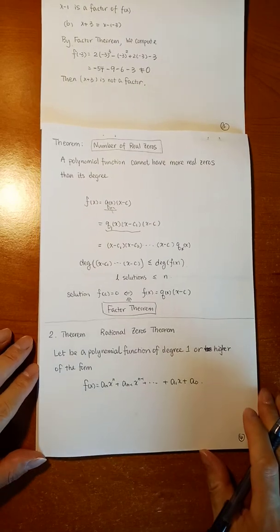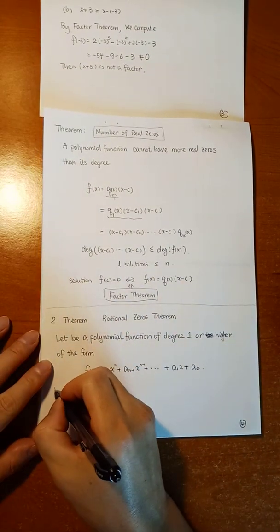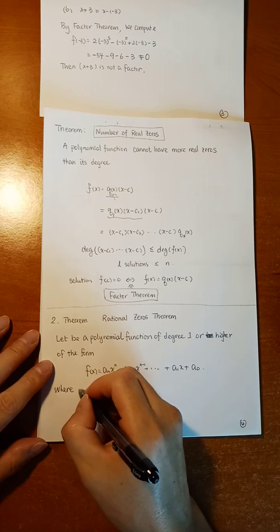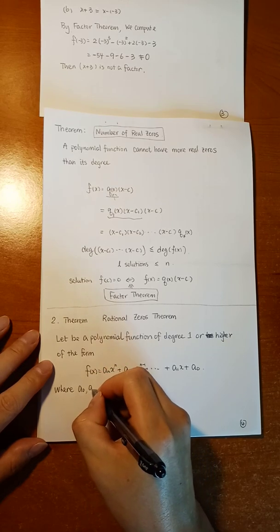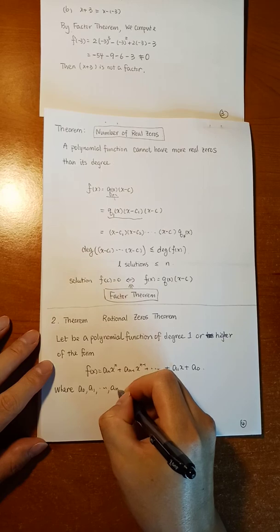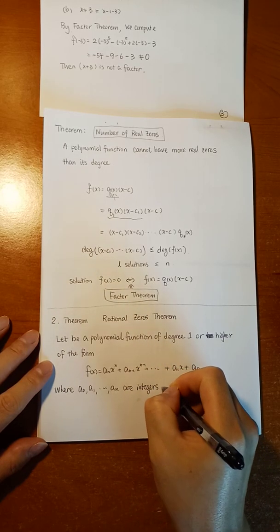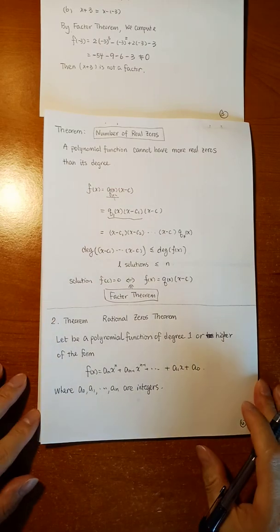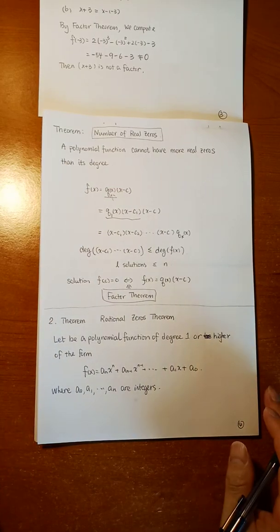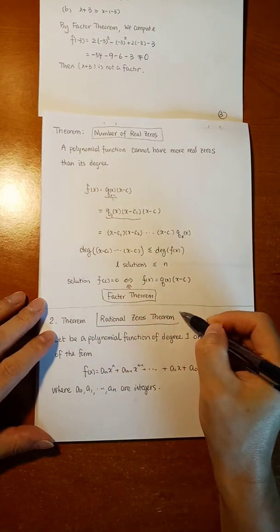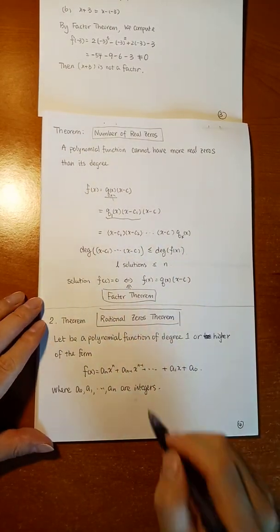Okay, so we have a polynomial function, and the requirement is that a0, a1, up to an are integers. So we only study integer coefficient polynomials for this part, the rational zero theorem. We only allow integers.